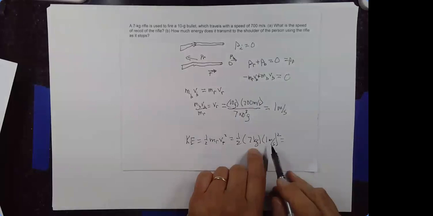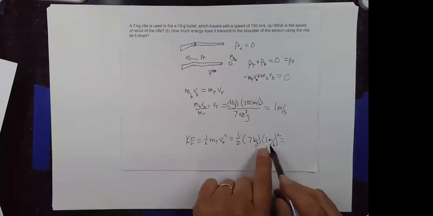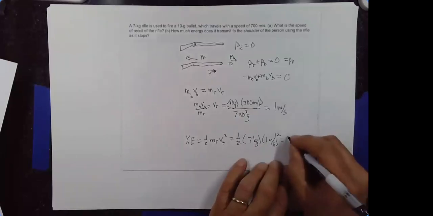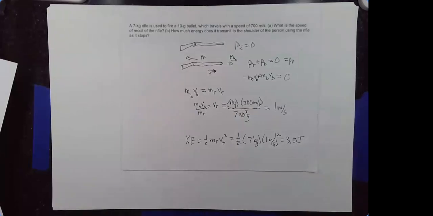It'll be kilogram meter squared per second squared, which are joules, and 1 squared is just 1. So 3.5 joules is how much kinetic energy it'll transmit to the shoulder of the person using the rifle as it stops.